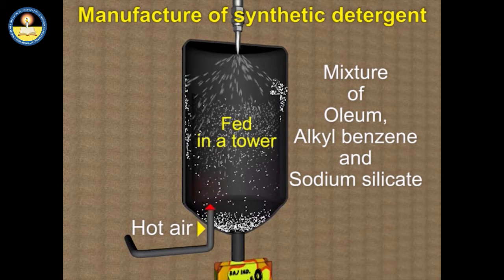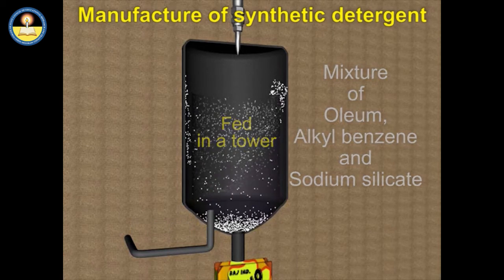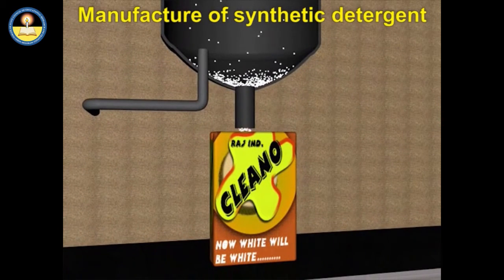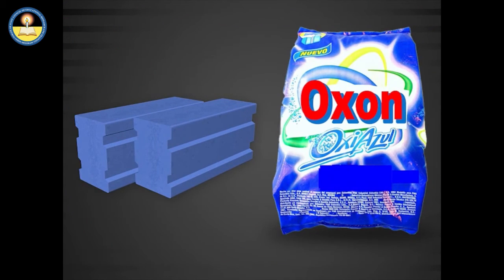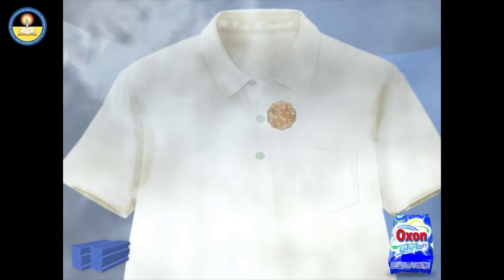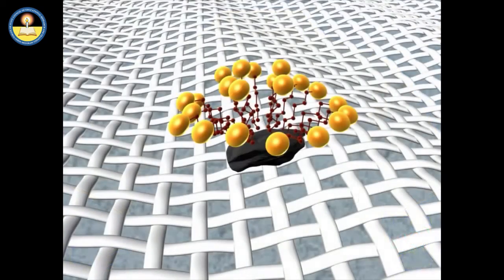Hot air is blown from the bottom of the tower. The mixture dries in the form of granules, which is then collected, screened and packed. Both soap and synthetic detergent act on the dirt particles by forming a micelle around the dirt particles.